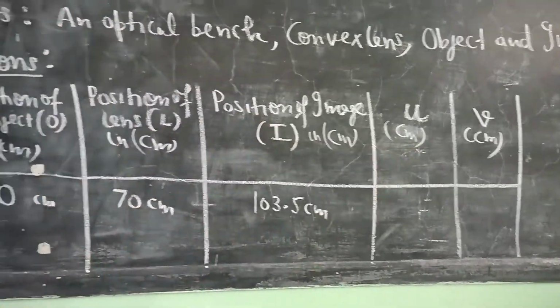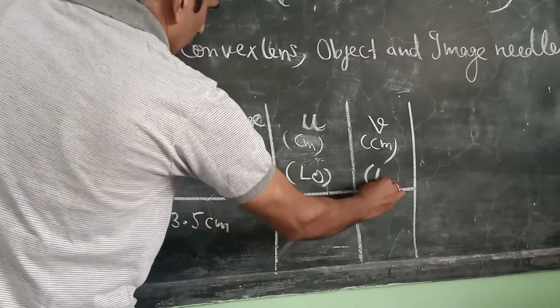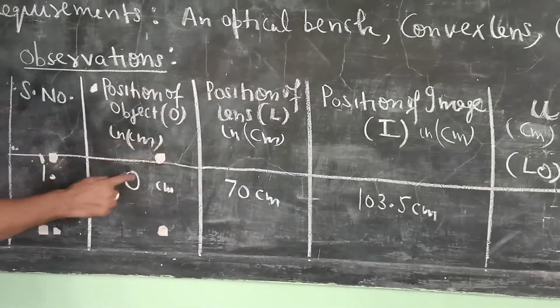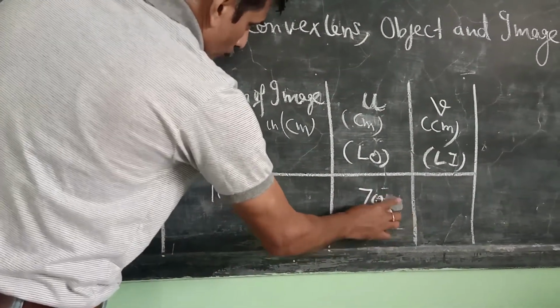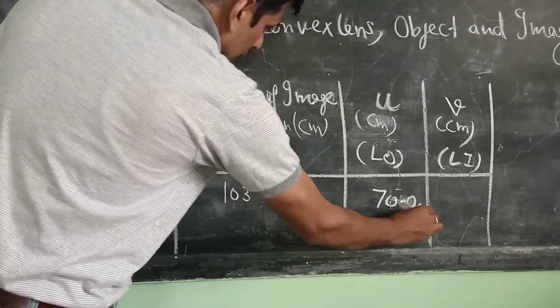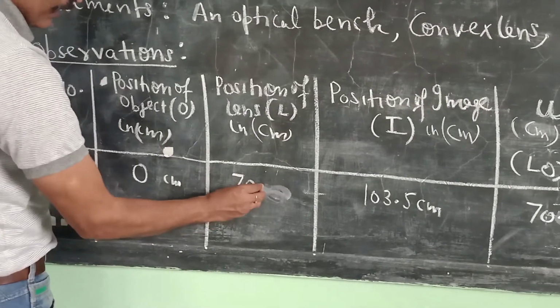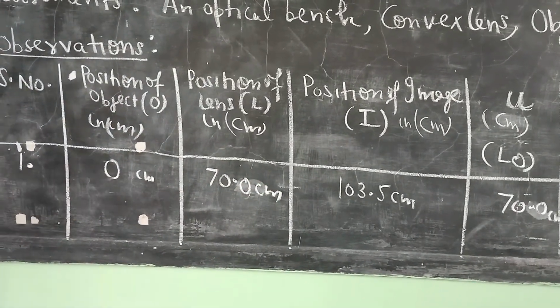So what is the U distance? Here I will write U is the distance between L and O, and V is the distance between L and I. So the distance between L and O, 0 to 70, obviously this will become 70 centimeter. So as I told you, you have to write 70.0 centimeter. In the same way, here also I forgot to write, you should write it as 70.0 centimeter. Here since it is 0, there is no need to show the decimal.